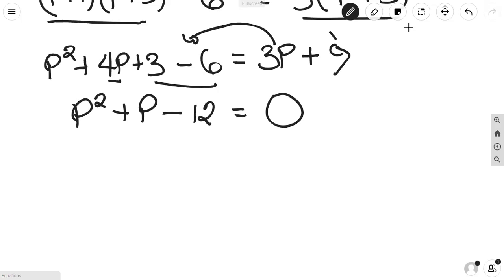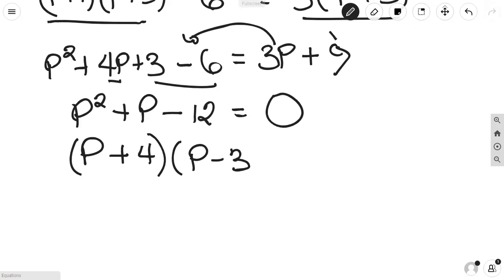Closely, you see that the factors here are simply 4 and minus 3. And of course, we can factorize the expression to get (p + 4)(p − 3), and this will be equated to 0.